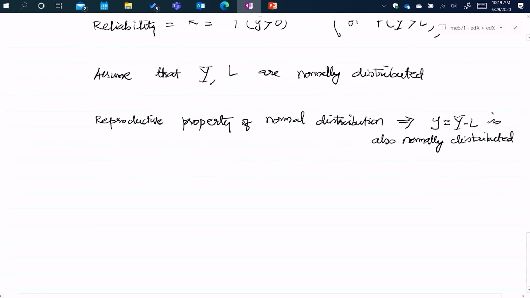So now the standard normal variable of y, we're going to call the standard normal variable z, as we've done in the past. That is nothing but y minus y bar divided by s sub y, the standard deviation of y.